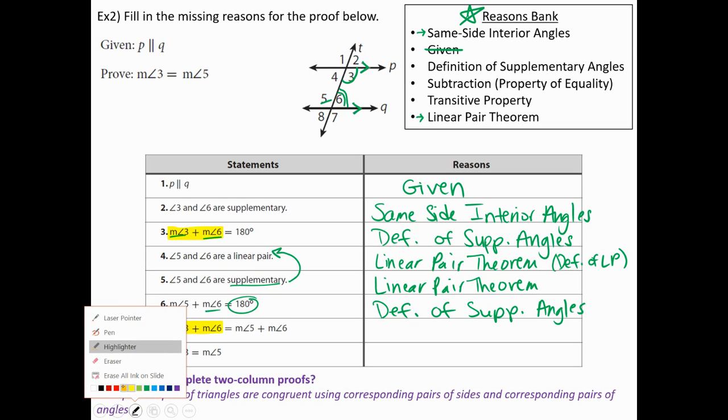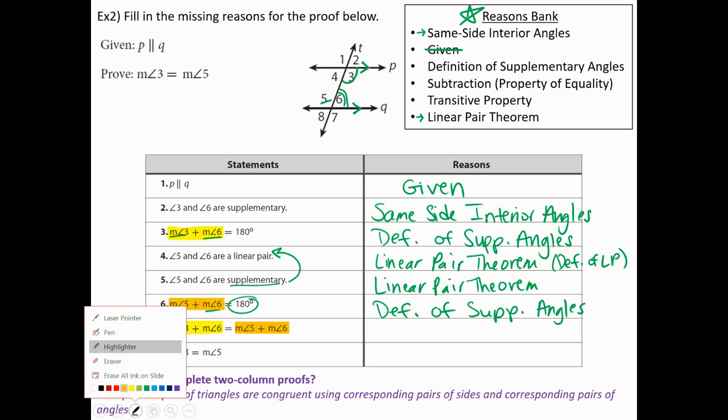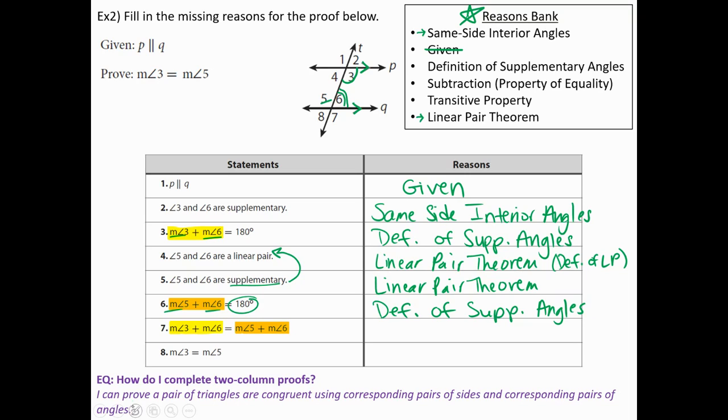Then I'm going to highlight in orange the measure of angle 5 plus the measure of angle 6. So how are we able to say that those two things are equal? I highlighted where they came from, and now I want us to see, where did we get that?